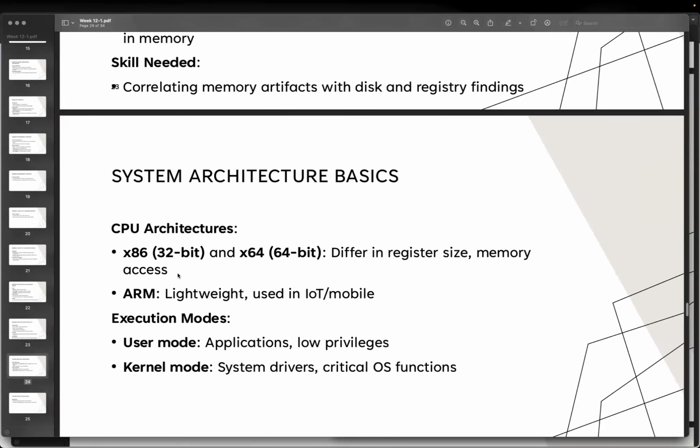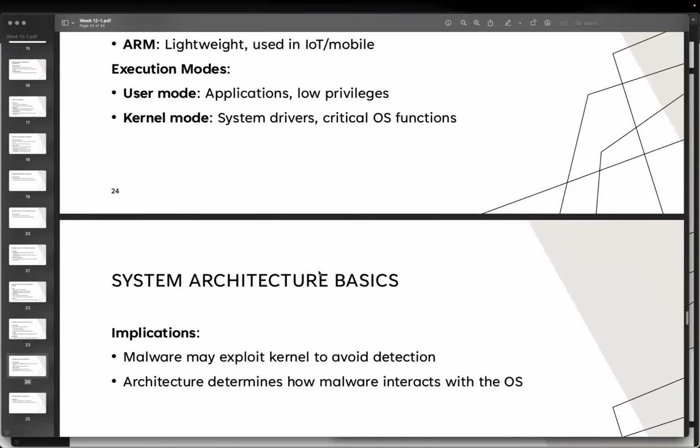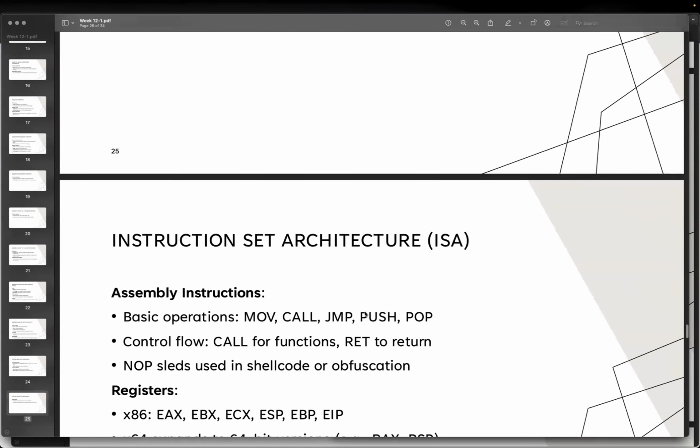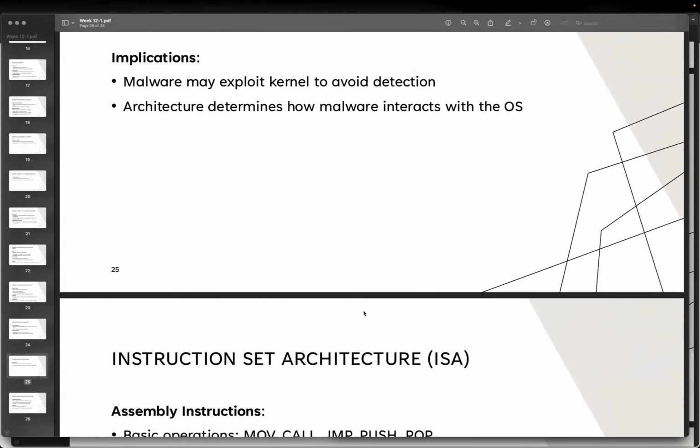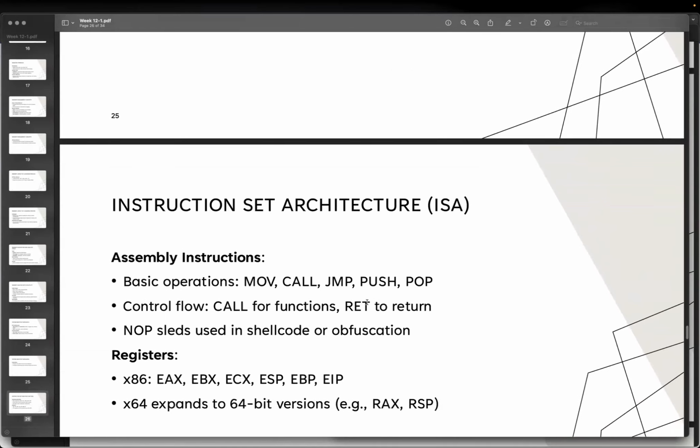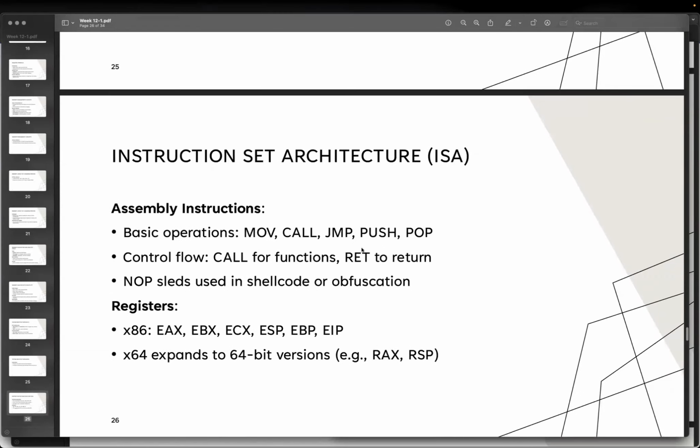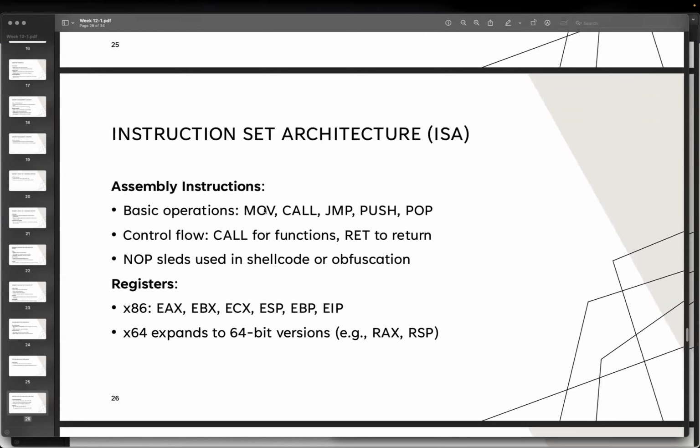Even just the architecture, using 32-bit or 64-bit, ARM in Windows, or even the Mac or the Linux, will change the way they interact. And the next part is a short recap of the instruction set architecture, ISA.